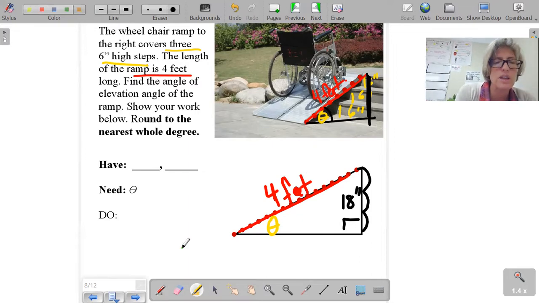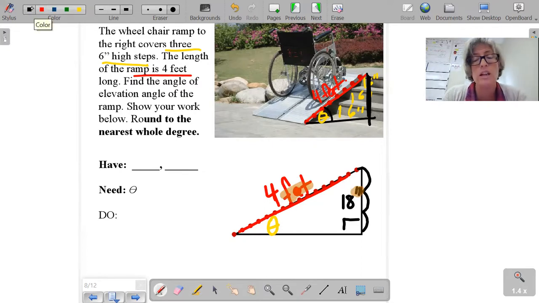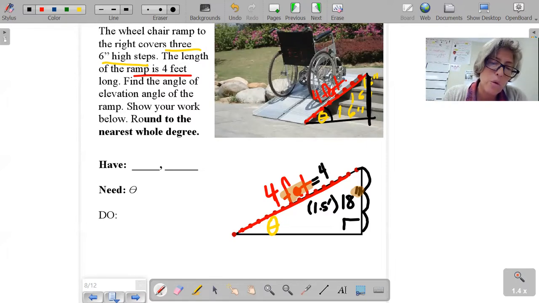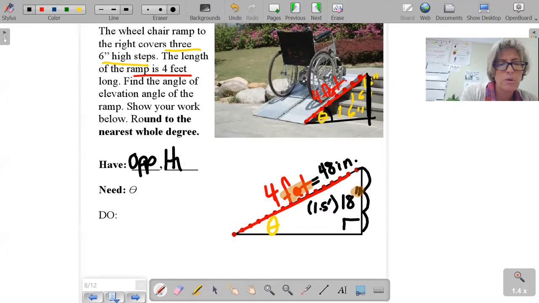All right, super important here. There is a discrepancy in units that you needed to account for. This is inches, this is feet. Everything has to be in the same unit. So either the inches go into feet, which if you did that, that's 1.5 feet, or the feet goes into inches, which is 4 times 12, 48 inches. I'm going to use inches. I have the opposite, that'd be the 18, and I have the hypotenuse, and I need the theta.